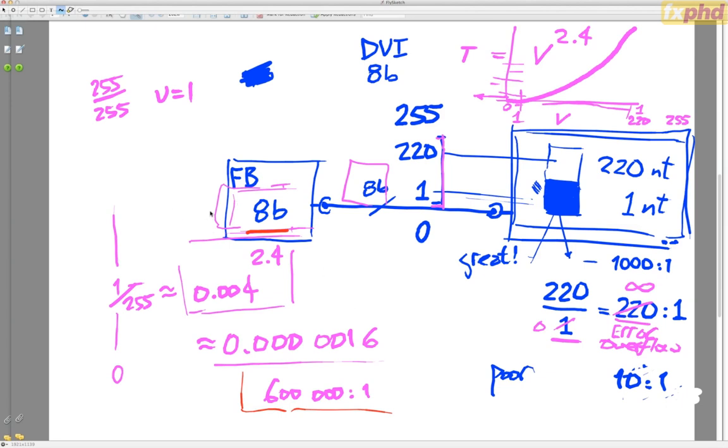Now, of course, we would like 10 bits in the studio video interface. So HDSDI interface always has 10 bits, but it's still underneath this curve. And so in a 10-bit interface, the numbers get even better. It's now 1 over 1,000 raised to the 2.4, which is an unbelievably huge number.